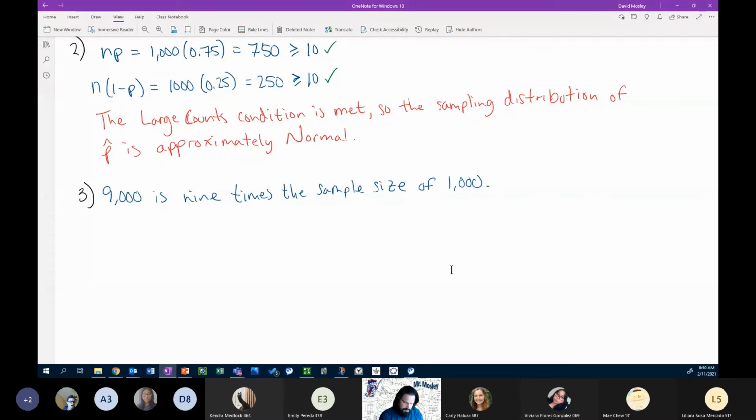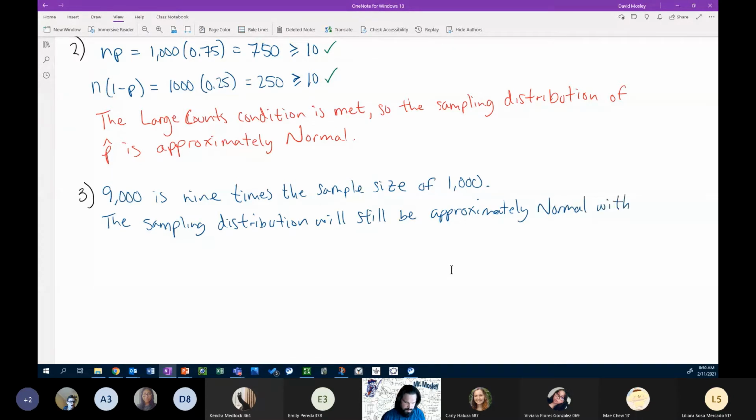And the sampling distribution will still be approximately normal with mean of p hat equals 0.75.